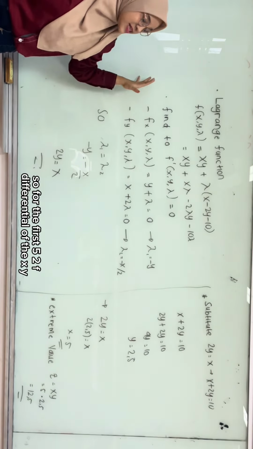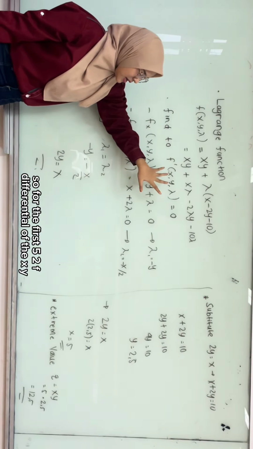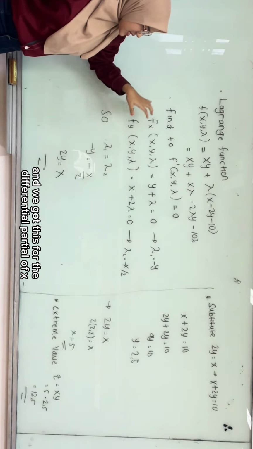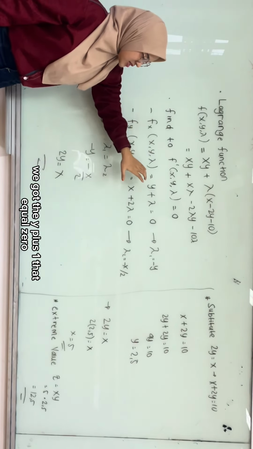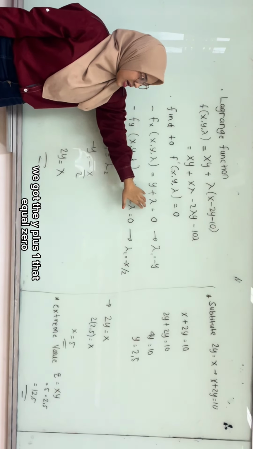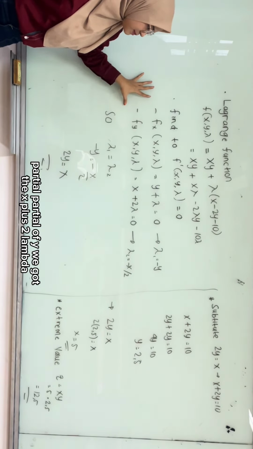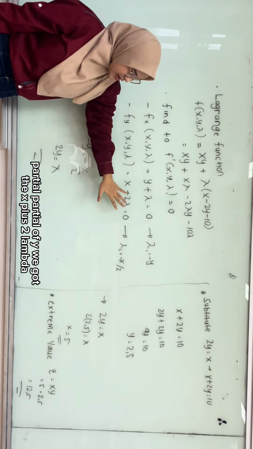First, find the partial derivatives of xy, and we got this. For the partial derivative with respect to x, we got y plus lambda equals 0, and for the partial derivative with respect to y, we got x plus 2 lambda.